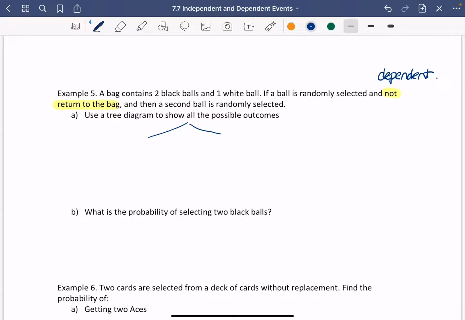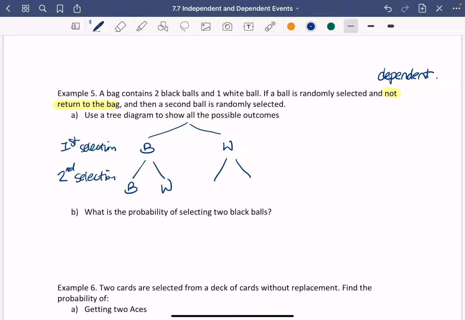So first time, first selection, second selection. First selection, you can have a black ball or a white ball. In the second selection, you can have a black ball or a white ball.